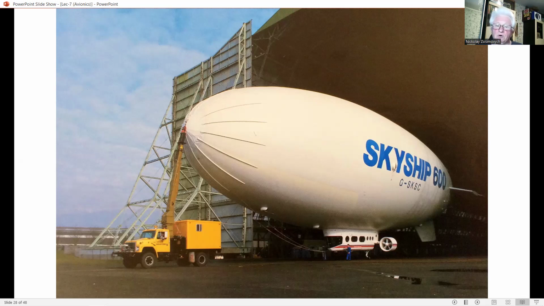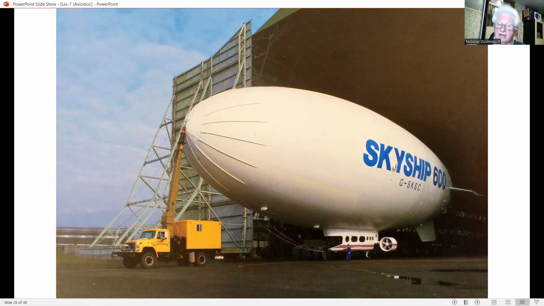Fully powered controls are required for the airship's large control surfaces because of the need for autopilot operation on long-duration missions and auto-stabilization to counter an inherent pitch instability and provide yaw damping.